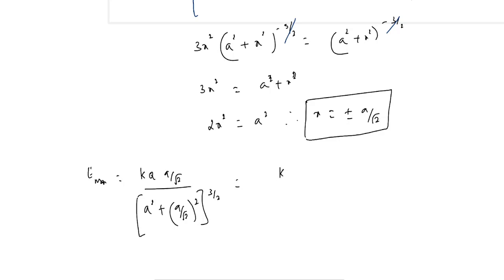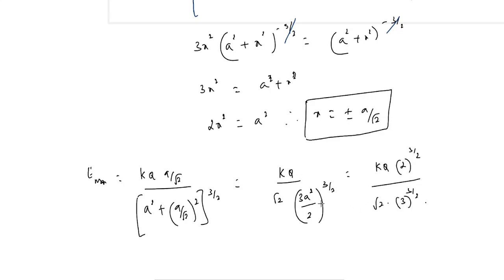That is equal to k q by root 2. This becomes (3a square by 2) power 3 by 2. That is equal to kq, this goes on top, it becomes 2 power 3 by 2 by root 2, and you can write this as 3 power 3 by 2 into, this term would be a square power 3 by 2, and 2 gets cancelled, so it becomes a cube.